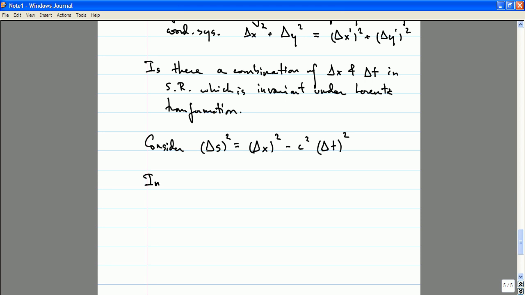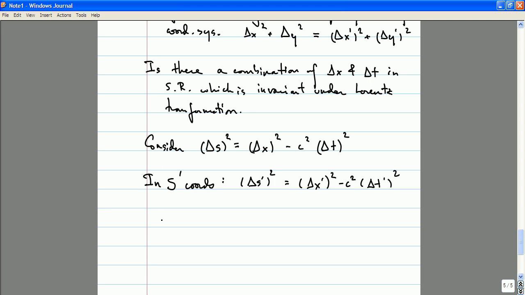Here I have used the notation delta x and delta t to refer to these separations in one coordinate system. And in a second coordinate system, S prime, we could compute delta s prime squared, which is delta x prime squared minus c squared times delta t prime squared.